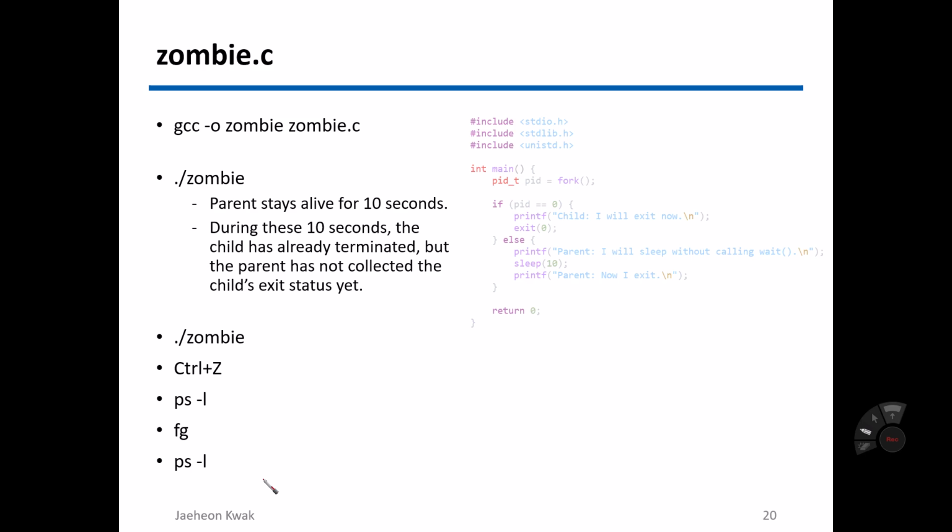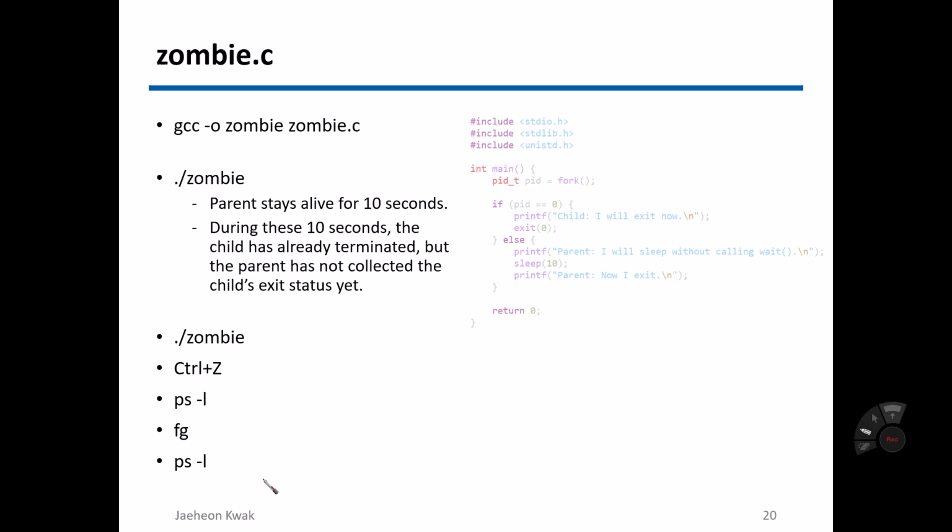Let's see the zombie process first. When we run the zombie code, the child process and parent process will each print a string, and after 10 seconds, "parent now I exit" will be printed. Only seeing this, we cannot understand what the zombie process is.